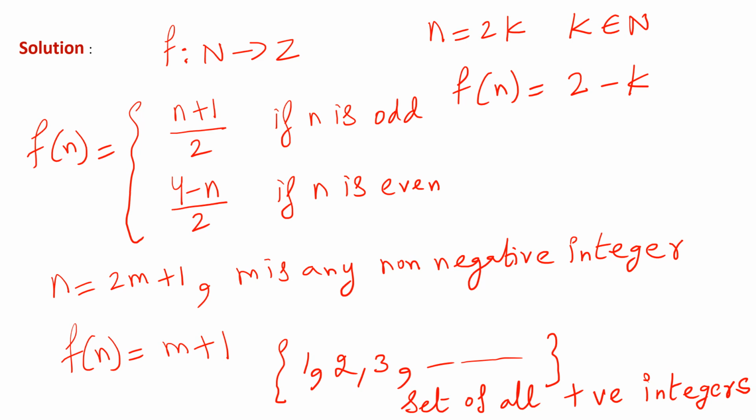Now the set of all possible values of f of n in this case is going to be, when I put k as 1, the value becomes 1. When I put k as 2, it becomes 0. When I put k as 3, it becomes minus 1. So that means it will contain all negative integers and 0 and 1, right?